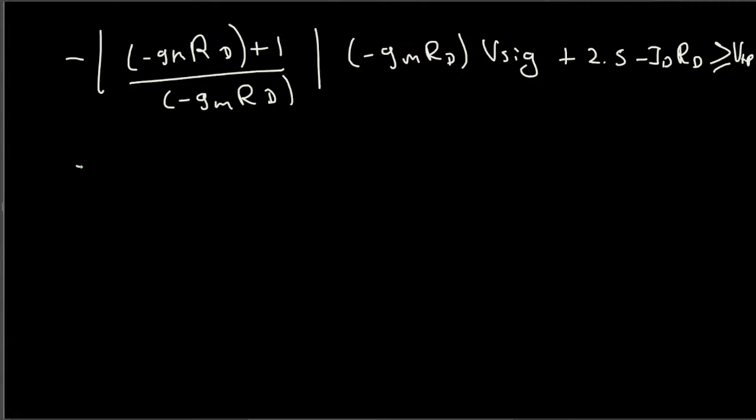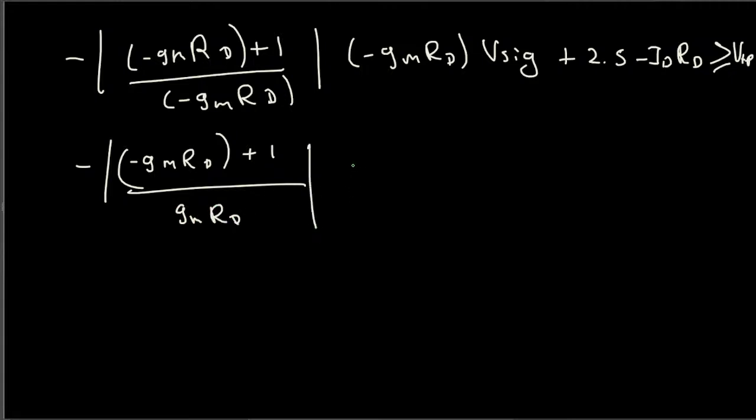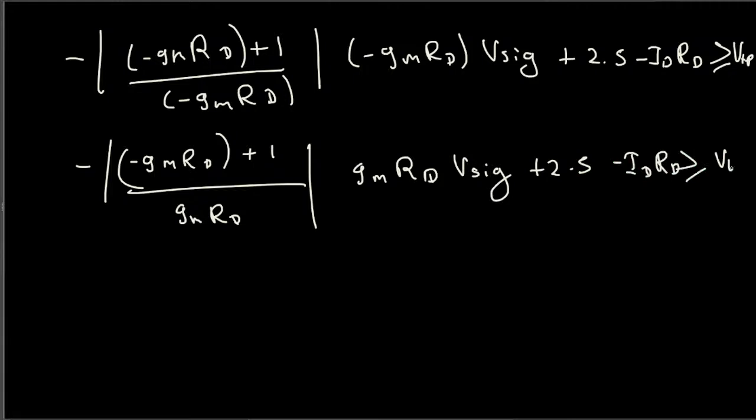So if you do that, this is going to become minus GMRD plus 1. In the denominator we will have GMRD, and then on the outside also GMRD vsig, and then plus 2.5 minus IDRD. The whole thing should be greater than VTP.